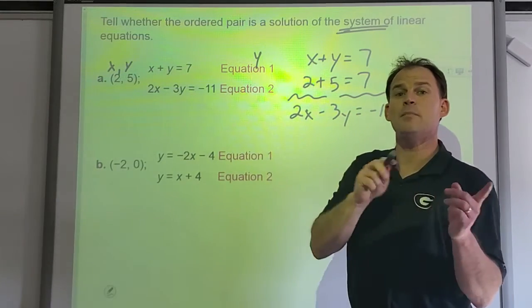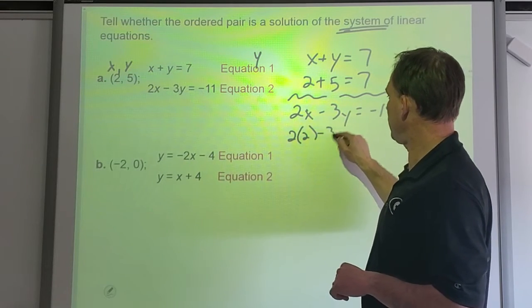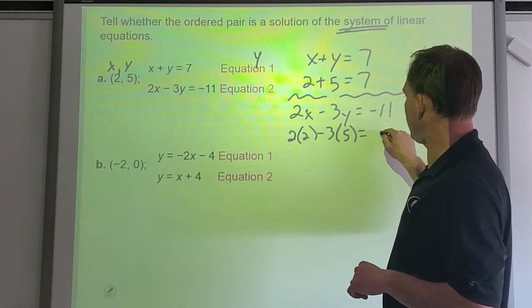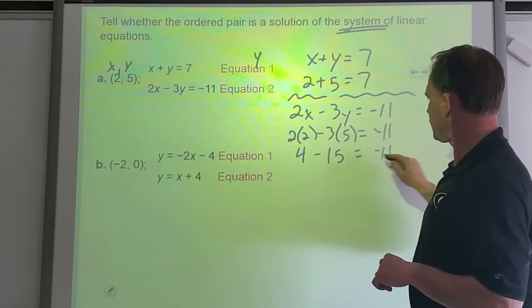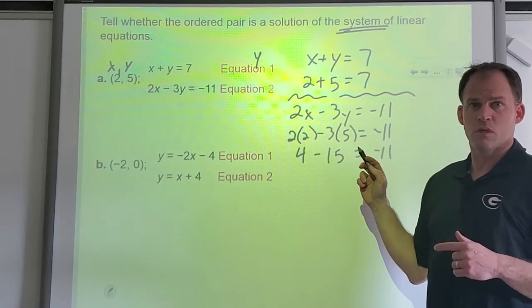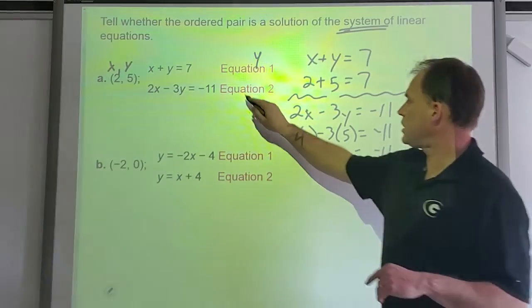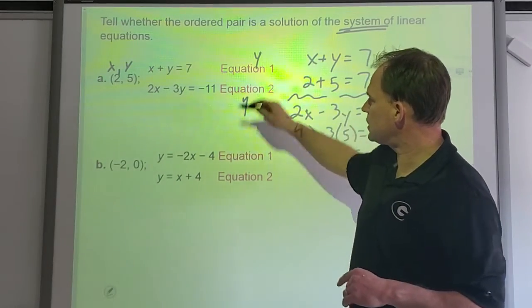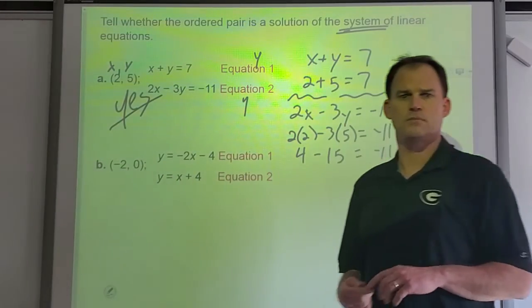Plug the same point into this equation. 2 times 2 minus 3 times 5 is 4 minus 15, negative 11. If you're not sure, get out a calculator and make sure. And the answer is, of course, yes. So this was yes, this was yes, so the answer is yes.